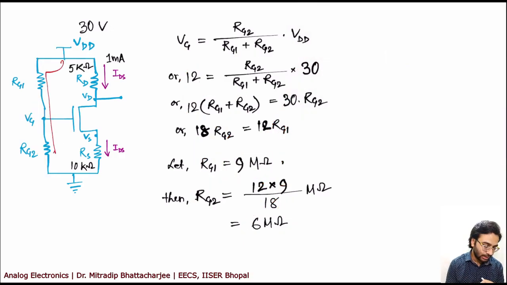Current flows from VDD. So if they are very small, a lot of current will flow through this and you will lose a lot of power unnecessarily. So it will not be a good circuit in terms of power.